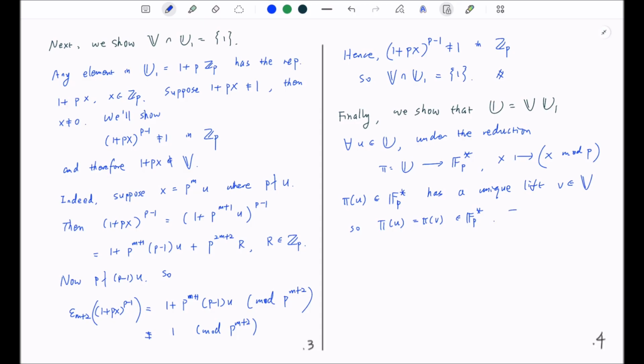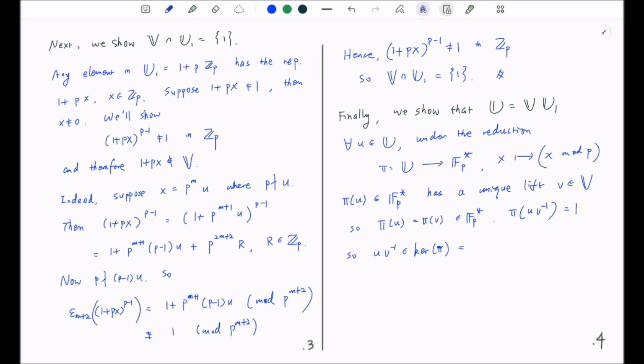So pi of u v inverse, where v is invertible because V is a subgroup of U, is equal to 1. So u v inverse is in the kernel of pi. But what is the kernel of pi?